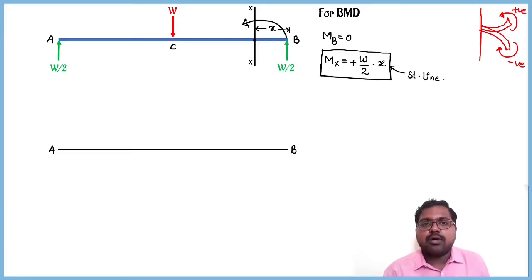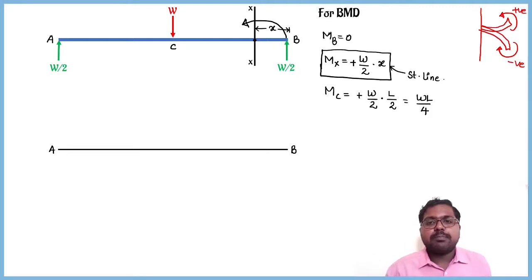If we continue up to the point C, we will have bending moment at C equal to plus W by 2 into X, where X is equal to L by 2, so we are having MC as WL by 4.